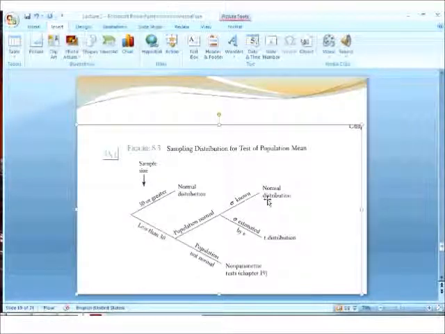Otherwise, in this case, you conduct the z-distribution. If your population is normal, which means that your data is following a normal distribution, and your standard deviation is based on the sample, then it's a t-distribution, and we conduct a t-test.